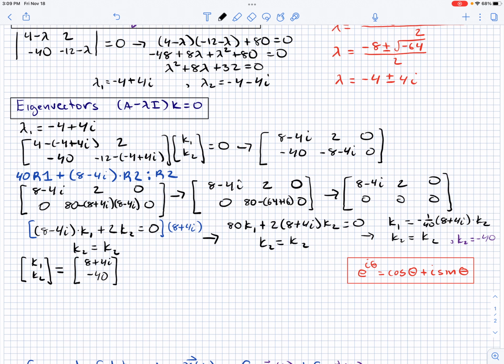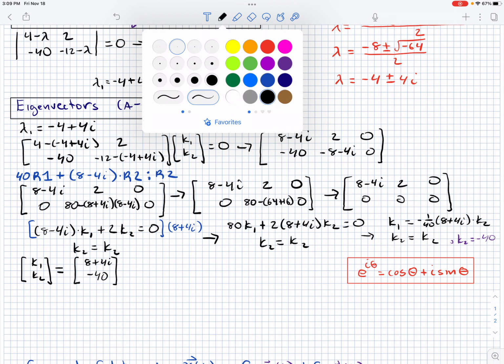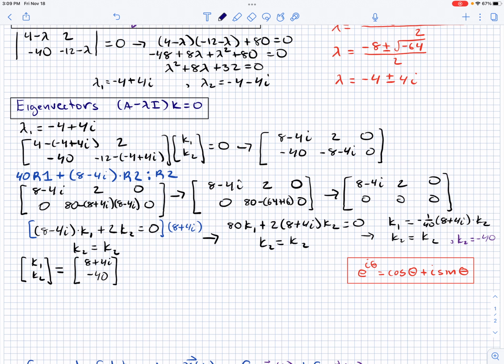And that is our eigenvector, and we can essentially write one of our solutions as x1 of t being equal to e to the lambda t, and the lambda is negative 4 plus 4i, so e to the negative 4 plus 4i t, times that vector, which is 8 plus 4i, negative 40.